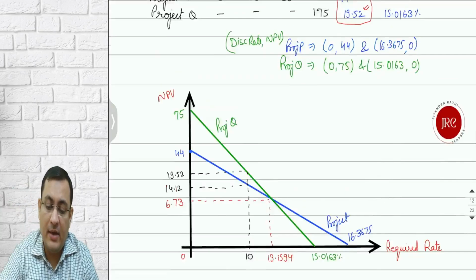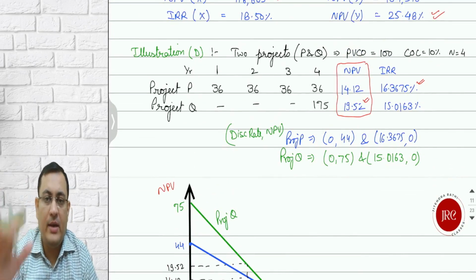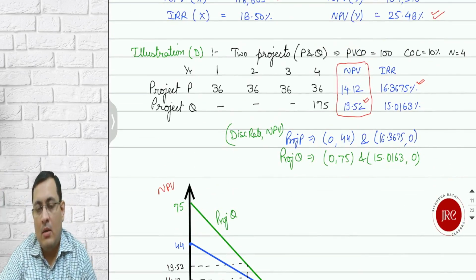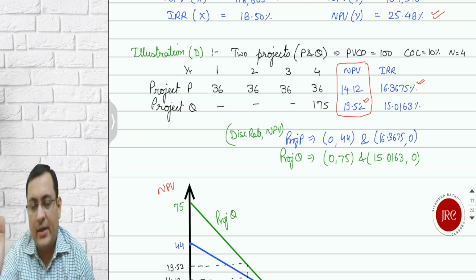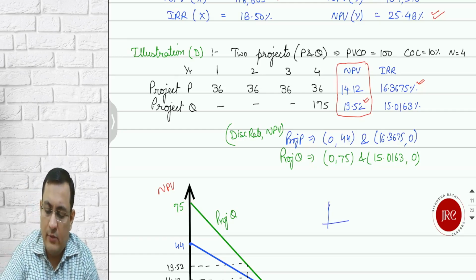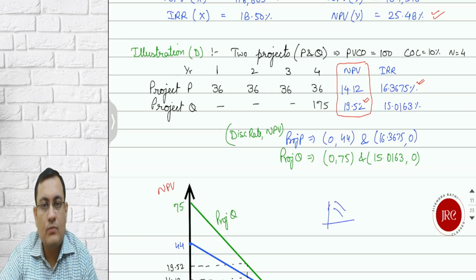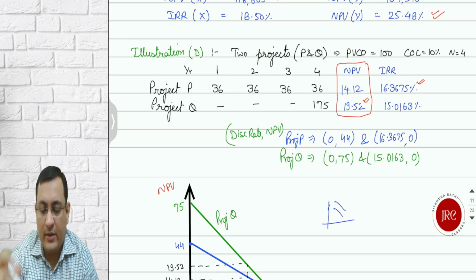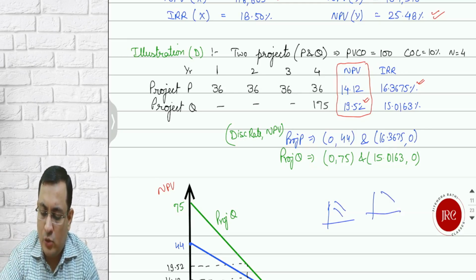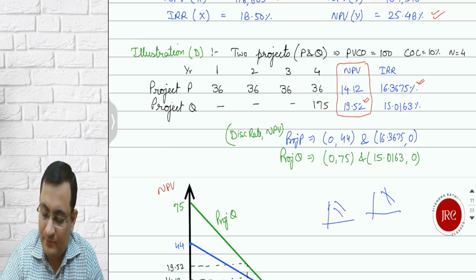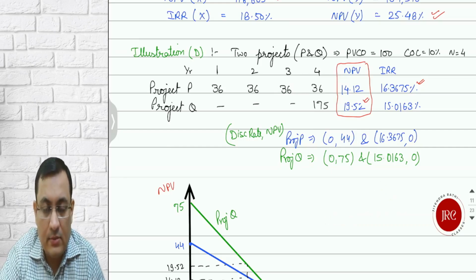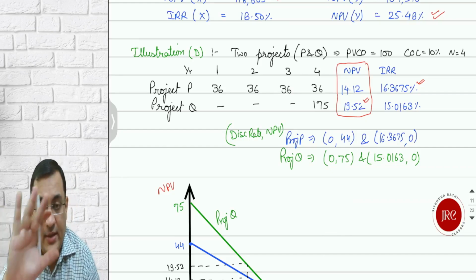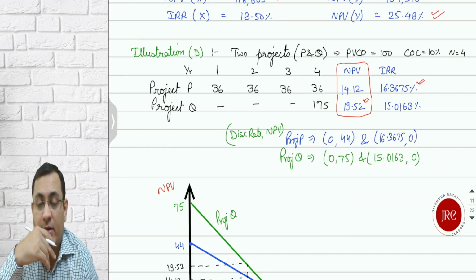This will happen whenever there is a conflict between NPV and IRR. If NPV and IRR are giving exactly similar results every time, it means one is always superior to the other. So there will be no conflict. Conflict will always arise whenever these two lines intersect. And from the numbers, we have arrived at the conclusion that yes, NPV and IRR are giving a conflicting situation.